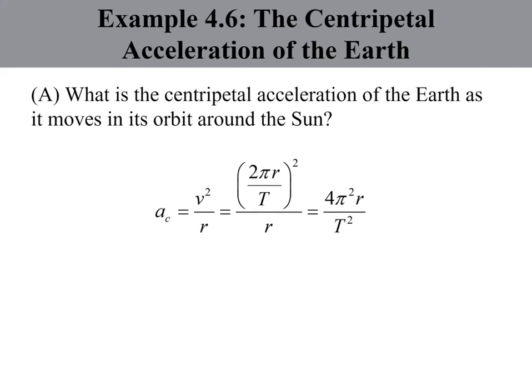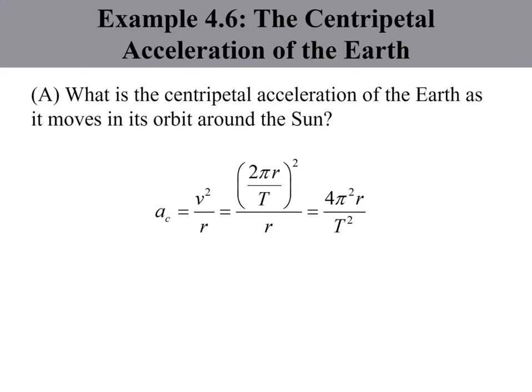So 2 pi r over T, all squared, over r, which then equals 4 pi square r over T square. So we have the radius of the orbit of the Earth surrounding the Sun.